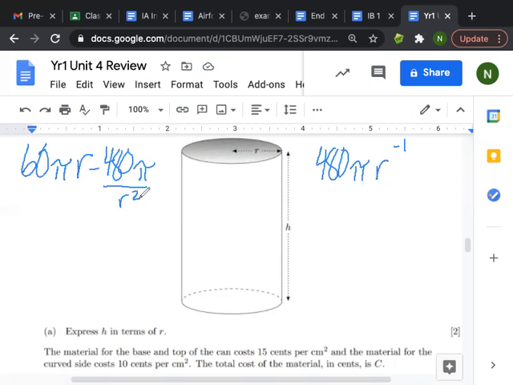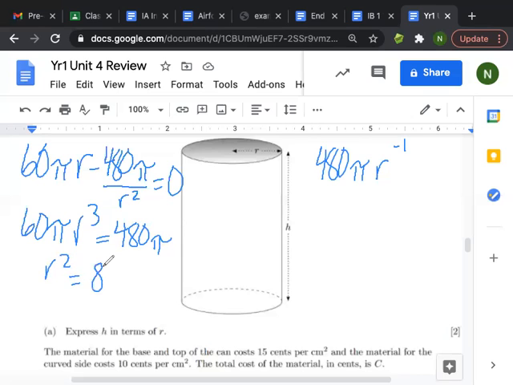Then I set it equal to 0 and solve. So 60 pi r cubed is equal to 480 pi. Then r cubed is equal to 8, and r is equal to 2.